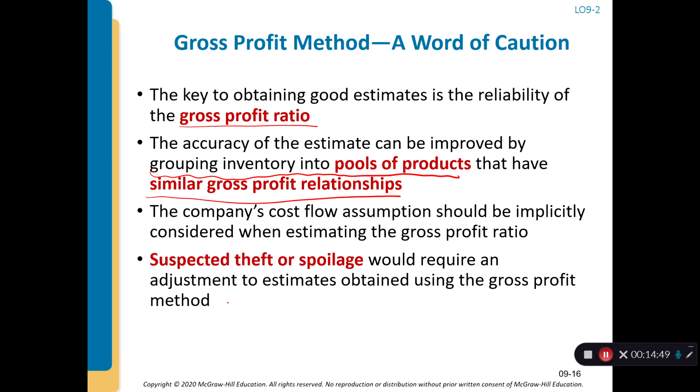Third, companies' cost flow assumptions should also be implicitly considered when estimating the gross profit ratio, such as the LIFO method, because we always sell the last-in inventory. Hence, the prior inventory's profit ratio might not be really applicable. And the fourth is that suspected theft and spoilage are hard to estimate using this gross profit ratio method.